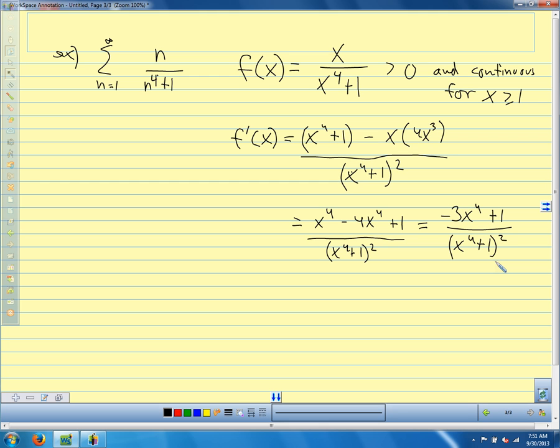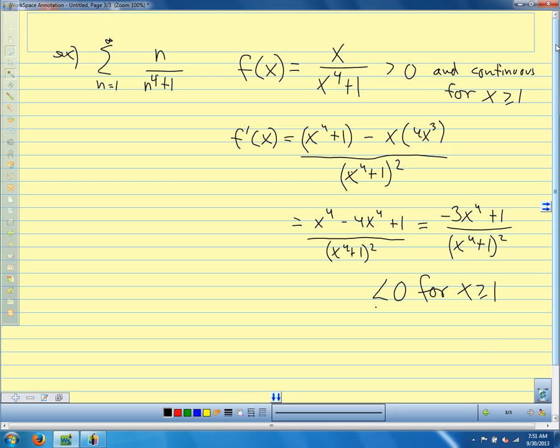Is this negative for x greater than or equal to 1? Yes, so this is less than 0. So our integral test applies. Our function is decreasing, positive, and continuous.